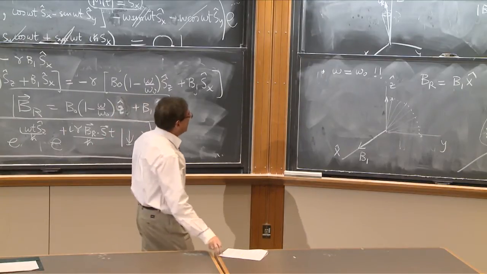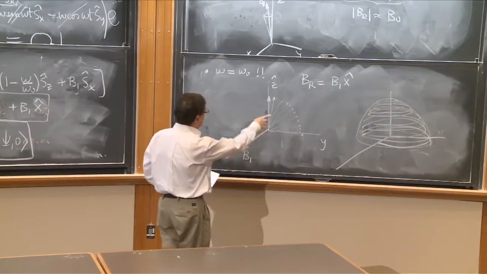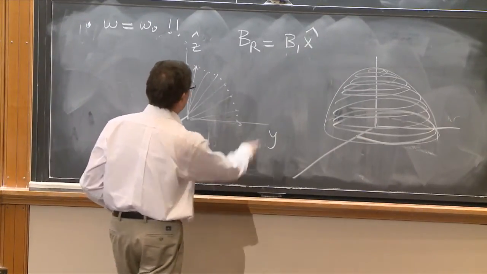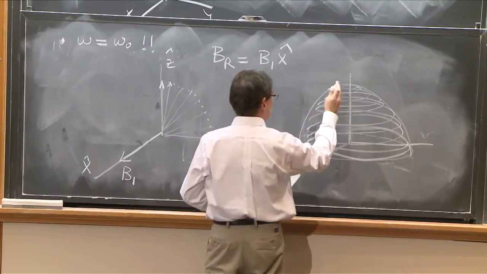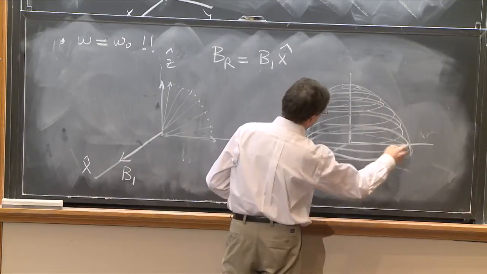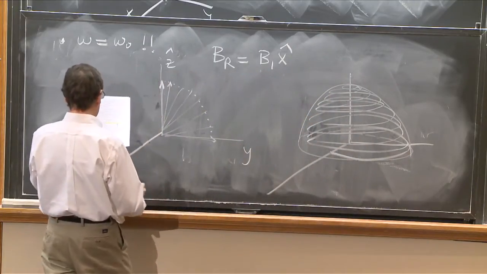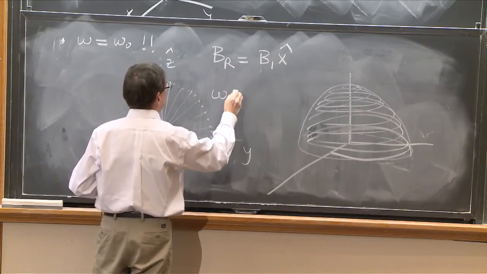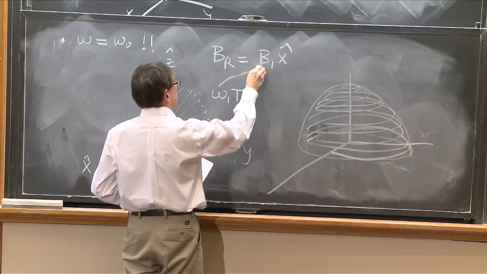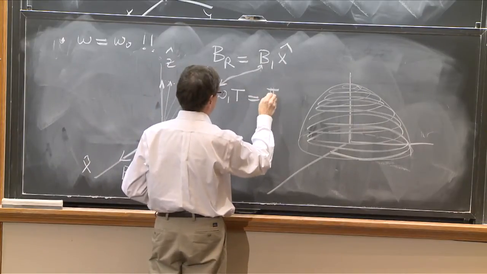It's actually of interest to time the signals, the radio frequency signals, to time the existence of B1 so that you get it to go into the plane, so that the spin is maximally perpendicular to the original direction. So for that, you choose omega 1 times time, which is the Larmor frequency associated to B1 times time, to be equal to pi over 2.